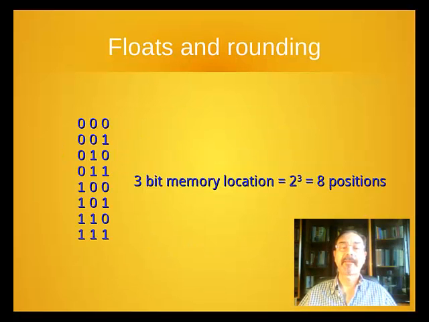Computers use a fixed number of bits to represent a piece of data, which could be a number, a character, or others. An n-bit storage location can represent up to 2 to the n distinct entities. For example, a 3-bit memory location can hold one of these 8 binary patterns.